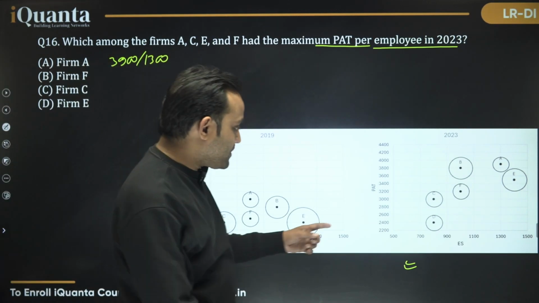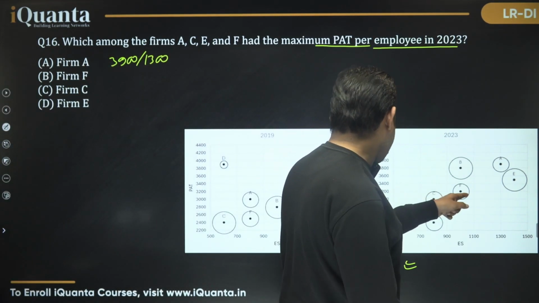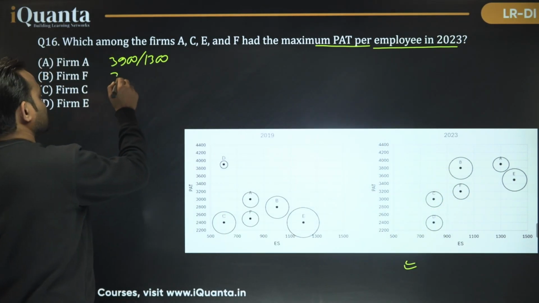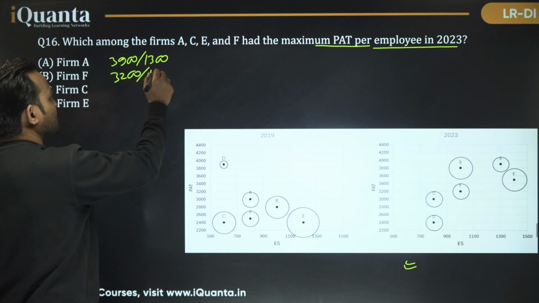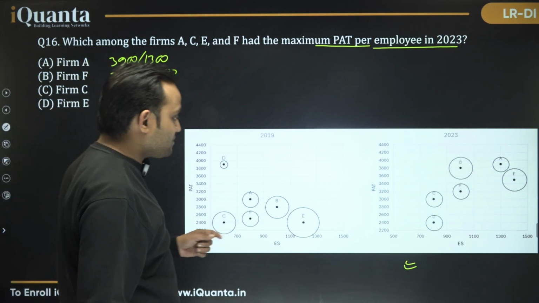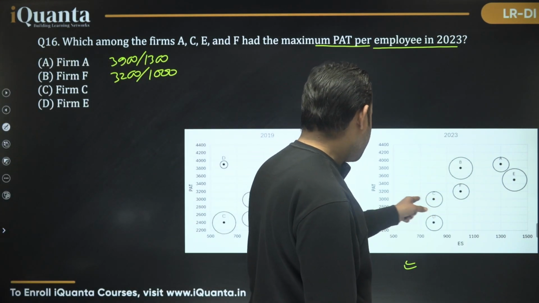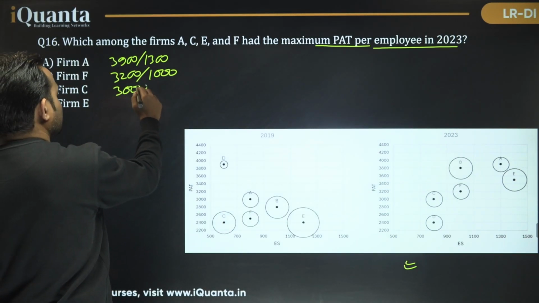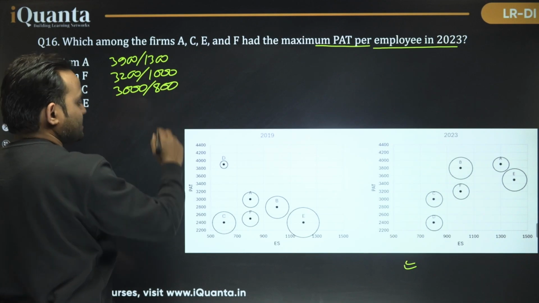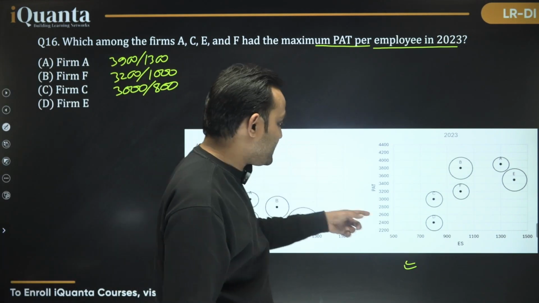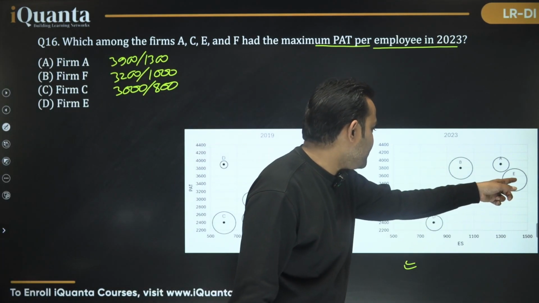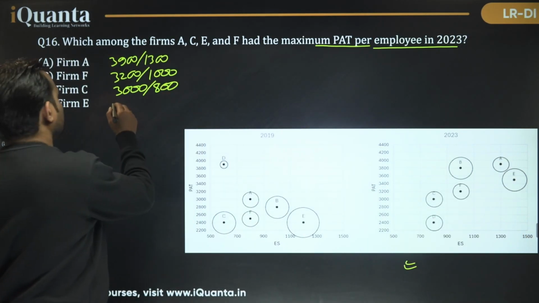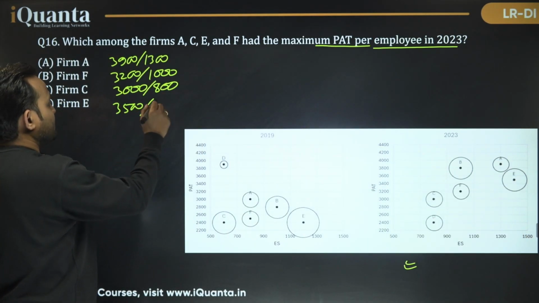In case of firm F, the same is 3200 and 1000. So 3200 upon 1000. In case of firm C, 3000 and 800. In case of firm E, the PAT value is 3500 and this is 1400. So 3500, this is 1400.